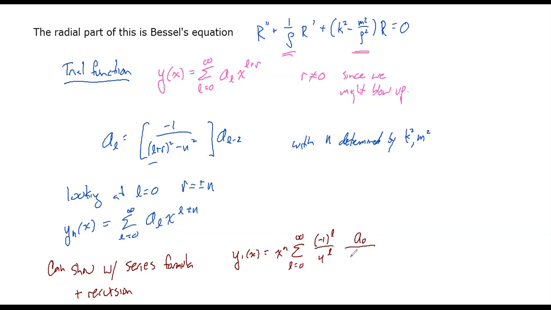Okay, so you choose a naught, that's still a free parameter, but after that, a naught keeps getting multiplied by a succession of constants. So that's n plus L.